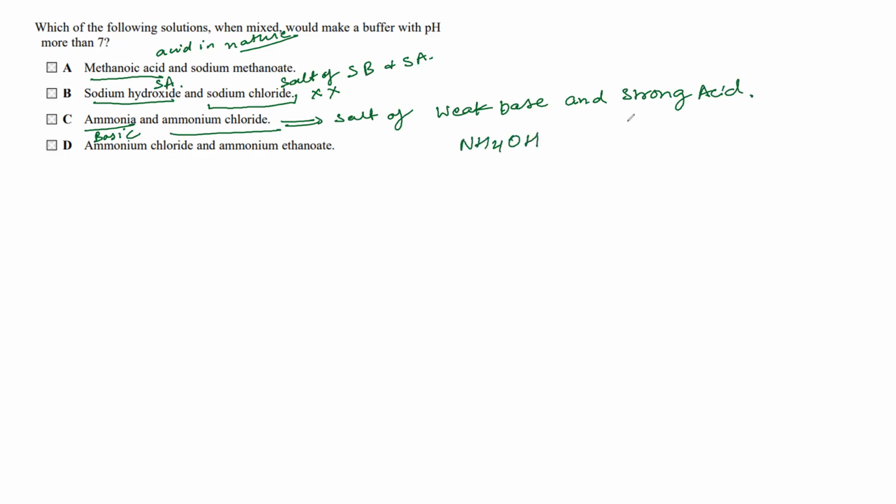Ammonium hydroxide, and HCl. Fine. And they can react together to form ammonium chloride, NH4Cl, plus water. Fine. So this buffer would be basic in nature. Why? Because ammonia is basic in nature. Hope this is clear. Okay.